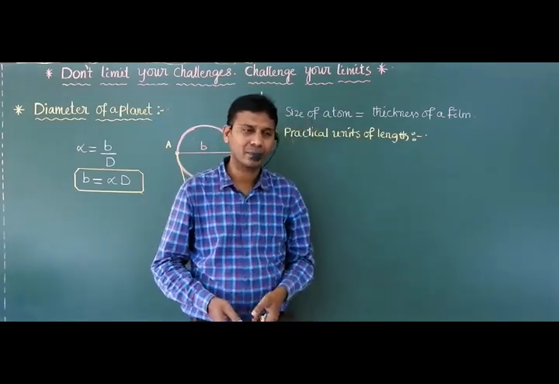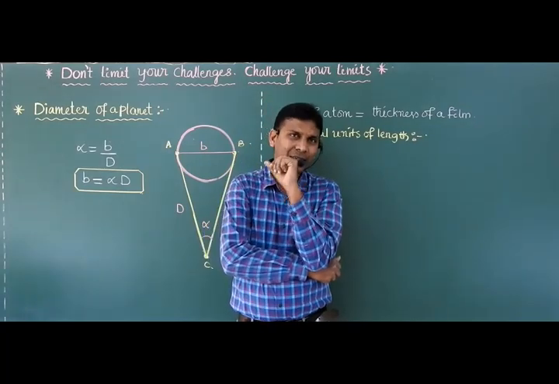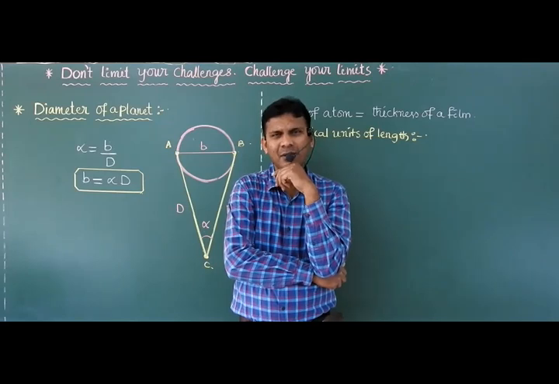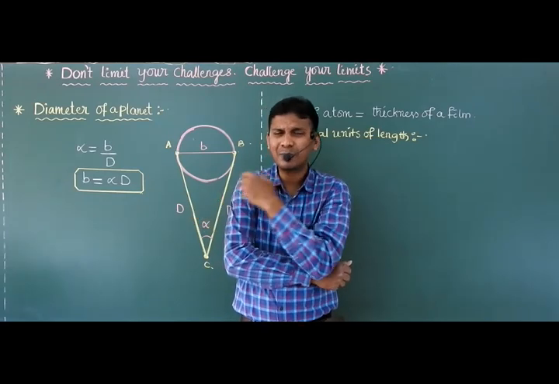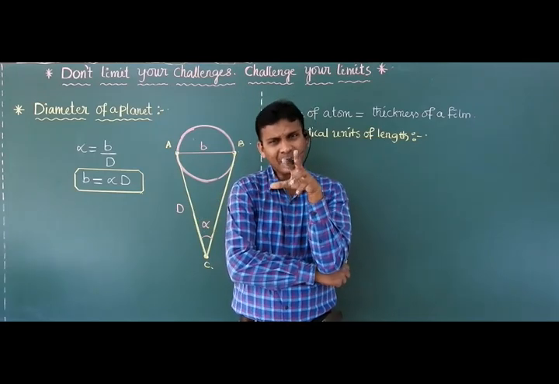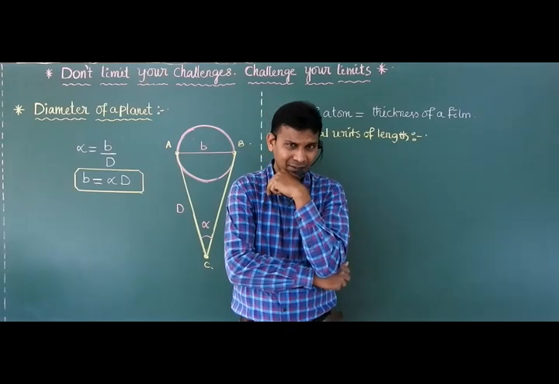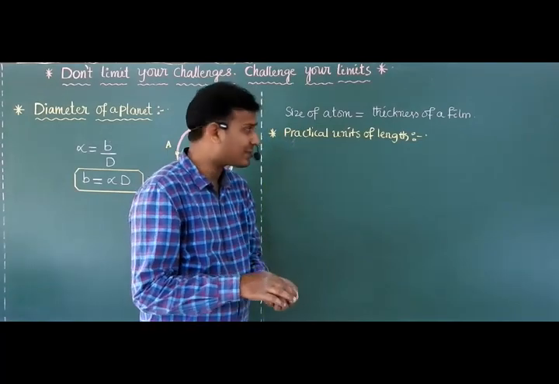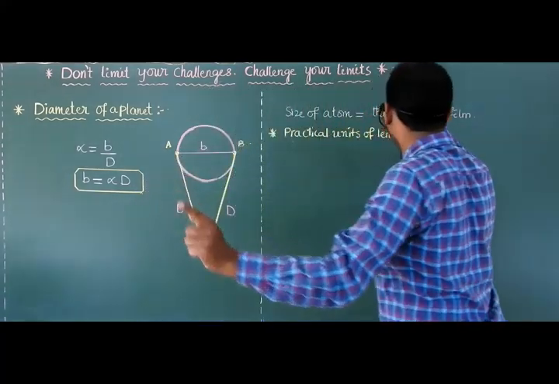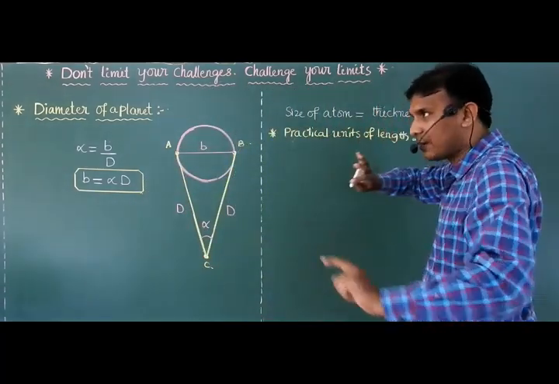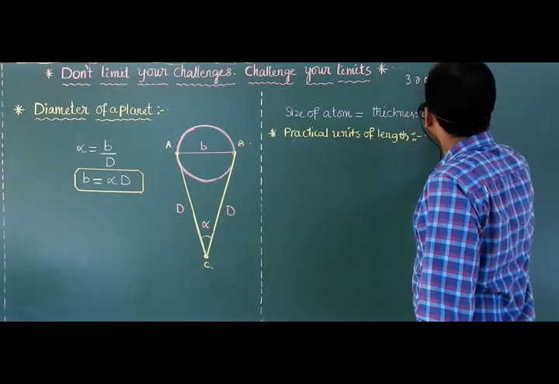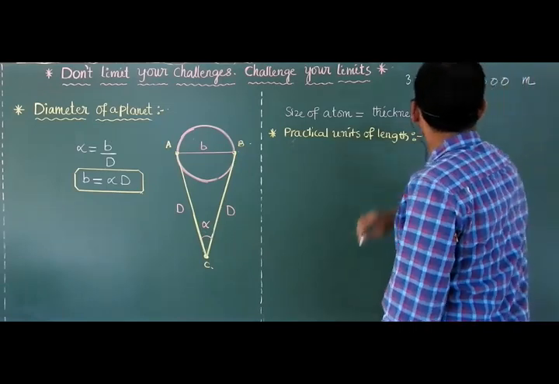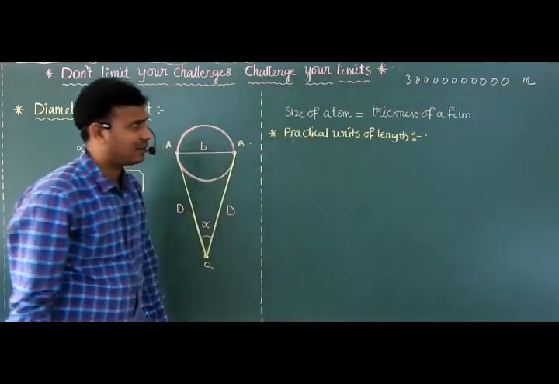Yes, correct. Now I want to find the distance between Earth and Sun. We can find it by using the parallax method. But shall I express the distance in terms of meters? If you express the distance in meters, roughly, let us assume the distance is written like this.